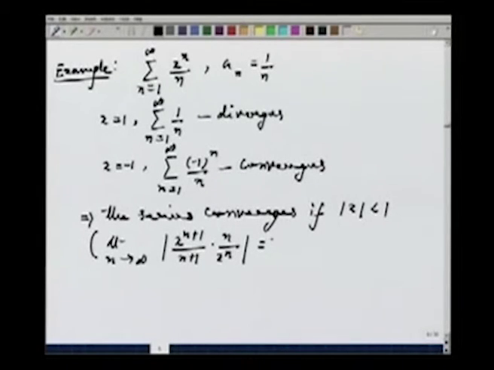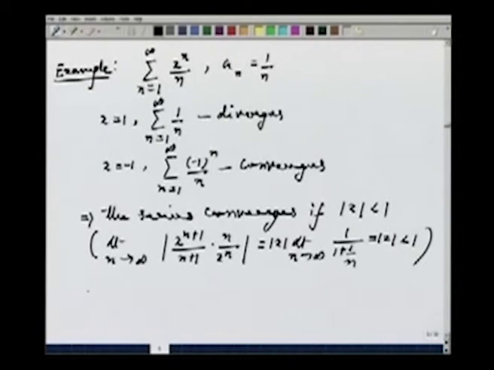That gives me modulus of x times the limit as n goes to infinity of 1 by 1 plus 1 by n, which is certainly mod x. So this less than 1 implies the series converges by ratio test, which I already have.